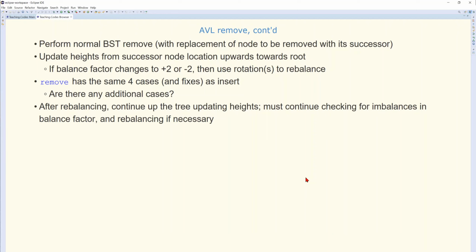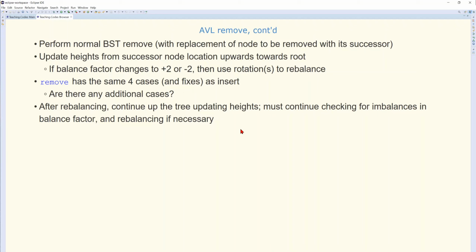For the case of removal, you perform the normal binary search tree remove operation. Just remove that node from there, actually. And you update the heights from the successor node location upwards towards the root. Whenever you see a +2 or -2, then you apply the rotations.